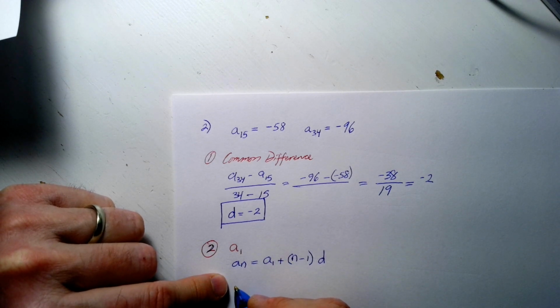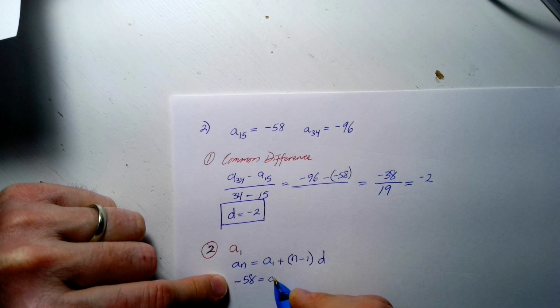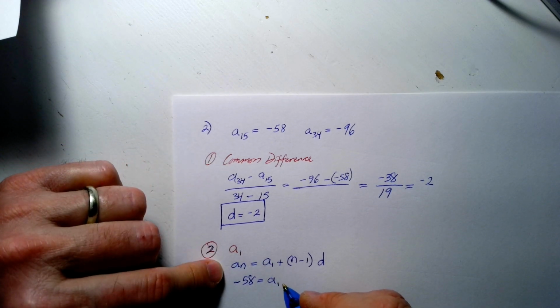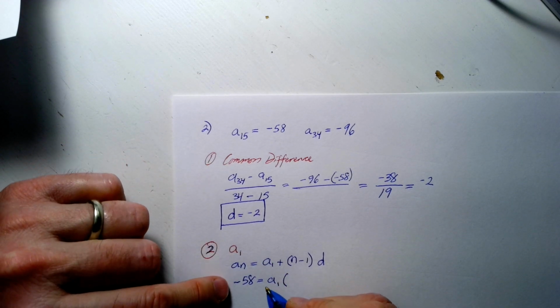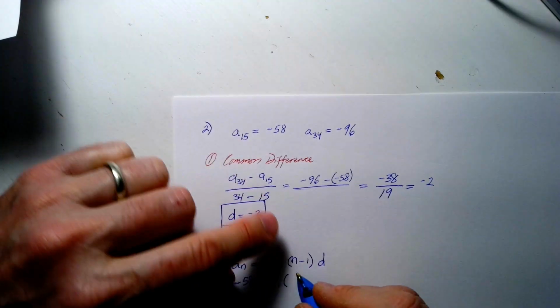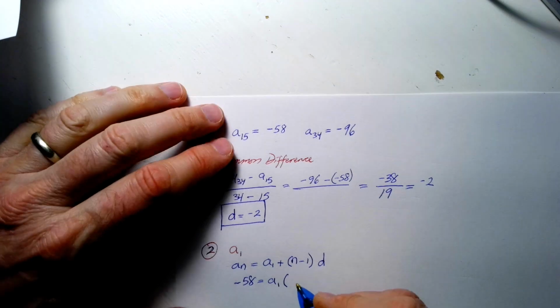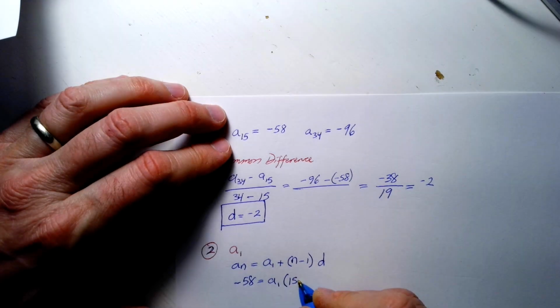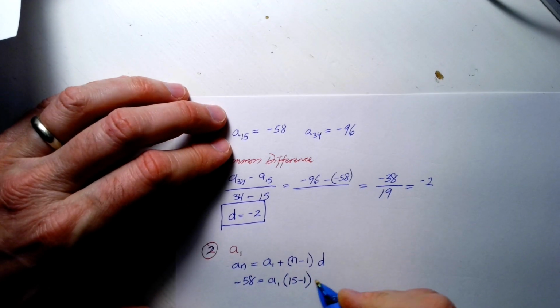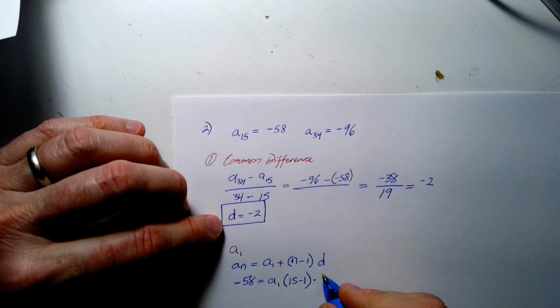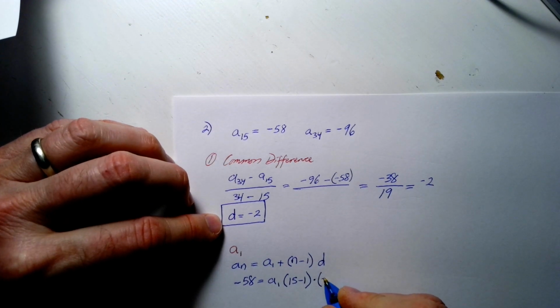A15 equals negative 58, and that equals A1 plus, the n value for A15 is 15, so 15 minus 1 multiplied by D, which is a negative 2.